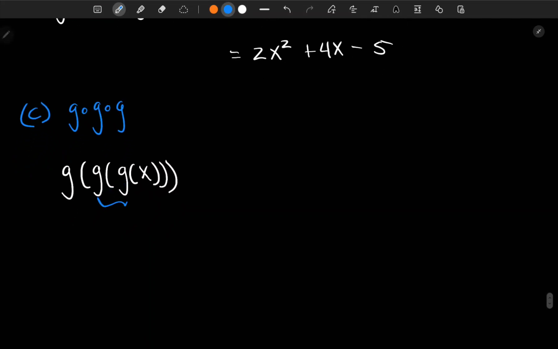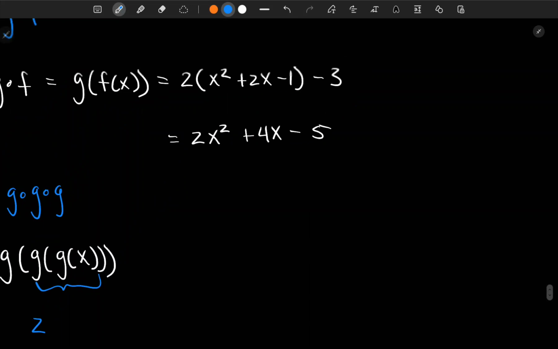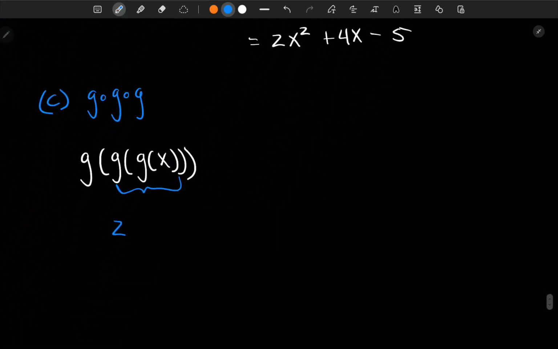Let's first do the inside. What is g of x? Well, you take 2x minus 3. Everywhere you see an x, you put 2x minus 3. So we have 2 times 2x minus 3 minus 3. This is 4x minus 6 minus 3, so minus 9.